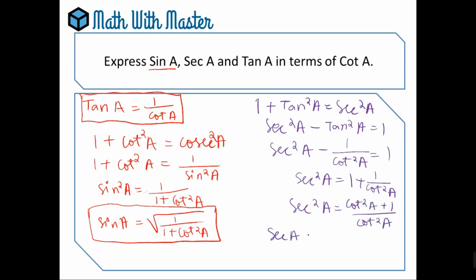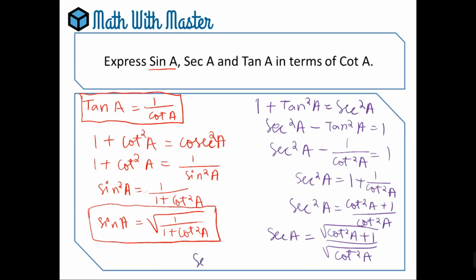Now sec A is equal to root of (cot square A plus 1), and the denominator also under root cot square A. The under root will apply to the whole, and if we apply it to numerator and denominator, it is also the same.